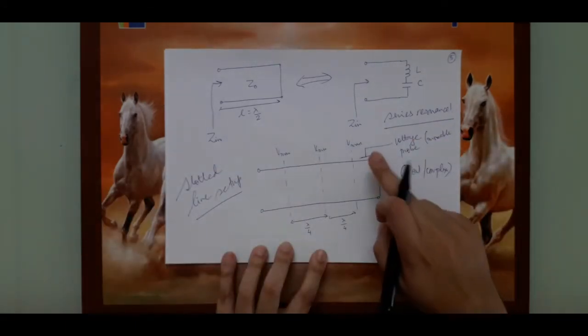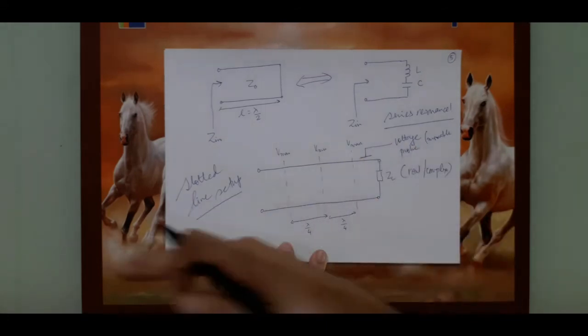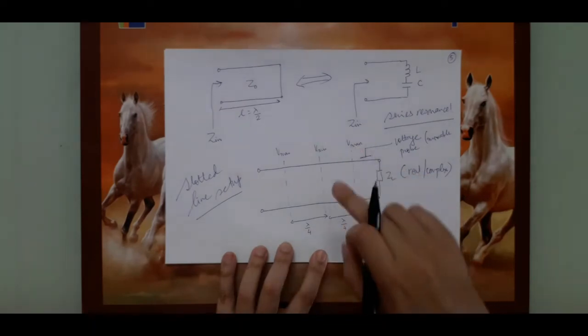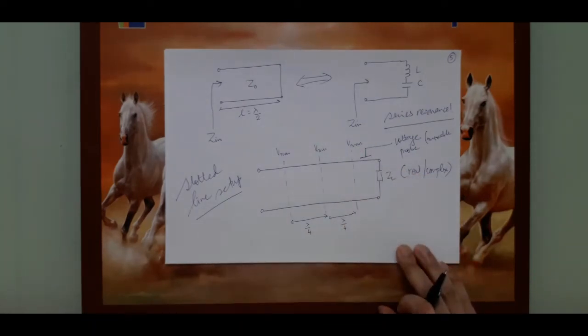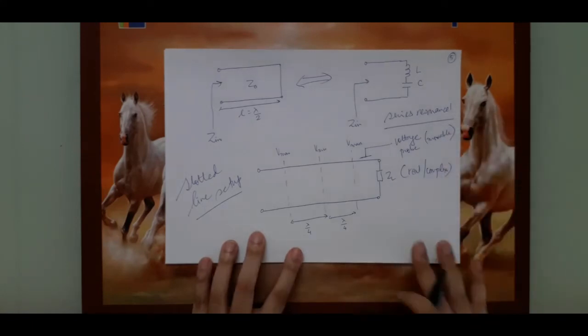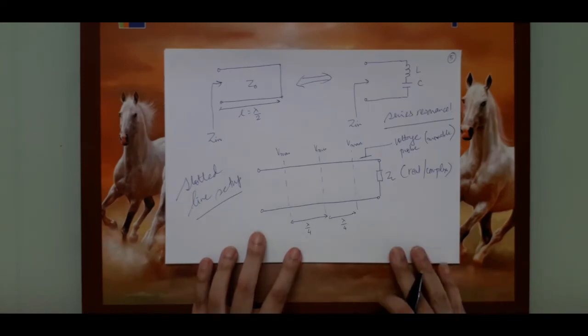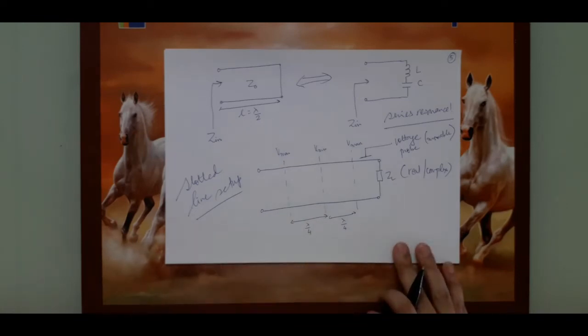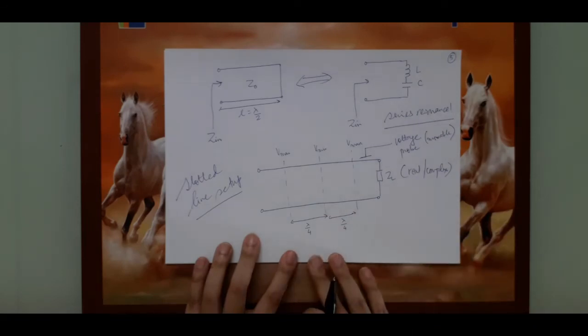So without physically touching the line, this probe can move backward and forward, and it can tap the effective standing wave voltage on the line. There are setups for slotted lines, and we do have them in our lab, but understanding how a slotted line works is beyond the scope of the course. But I have given you a very basic idea of how it works.